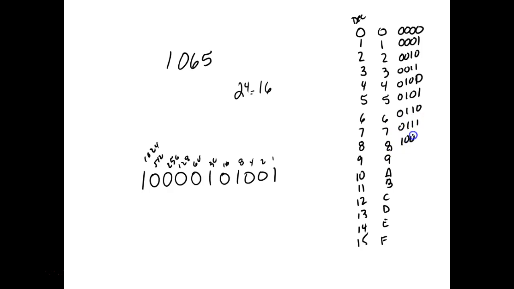This would be 8. This would be 9. This would be A. This would be B. This would be C. This would be D. This would be E. And this would be F. Represented in binary. Everybody follow that?